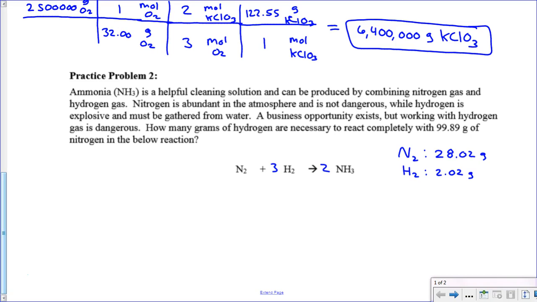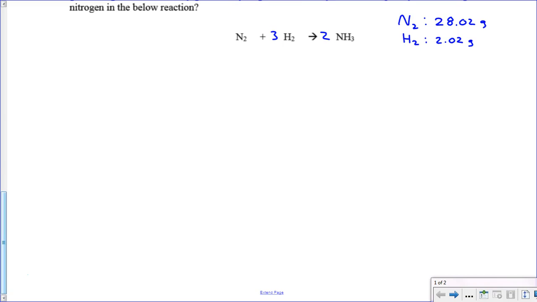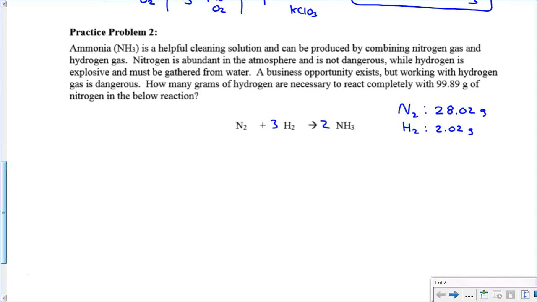So get the 2 molar masses that you're going to need from the periodic table, and then we start the conversion. We start with the number that's given, 99.89 grams of N2. We want to get out of grams of N2, so we put it on the bottom, and we want to get into moles of N2.